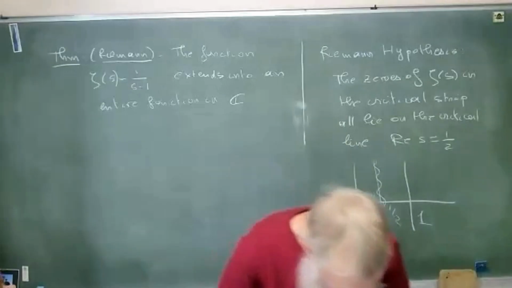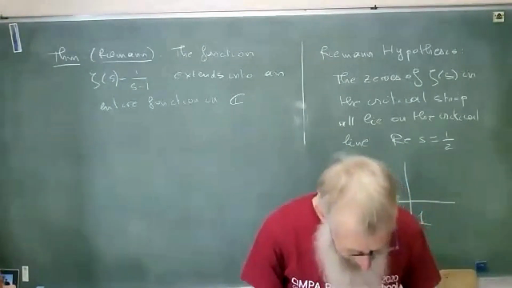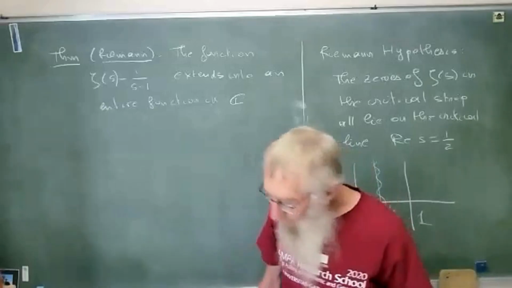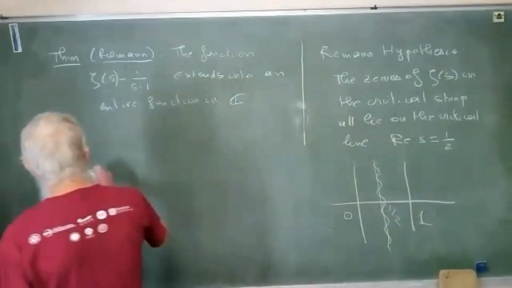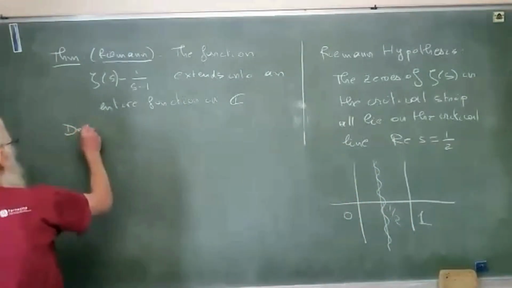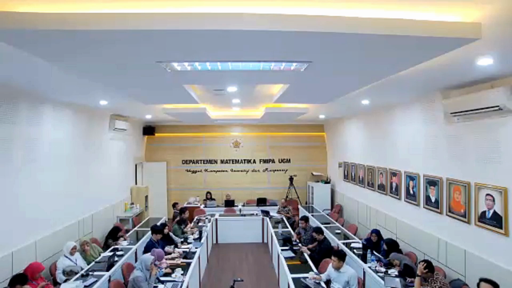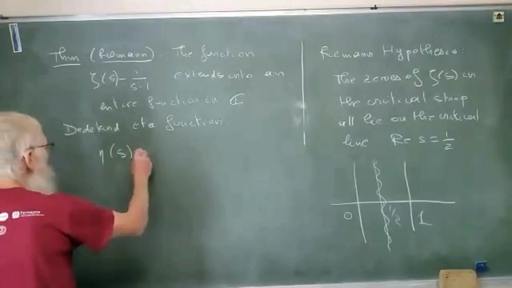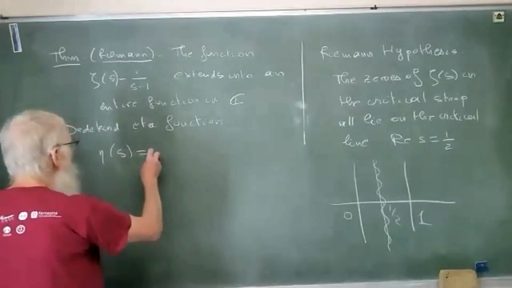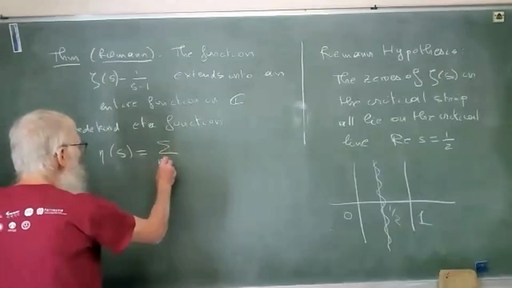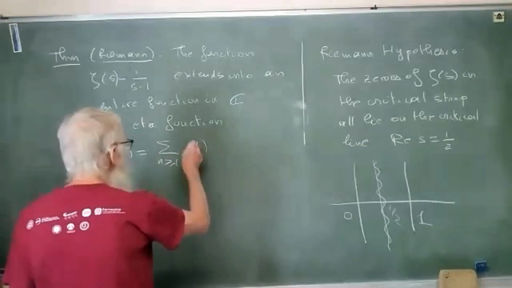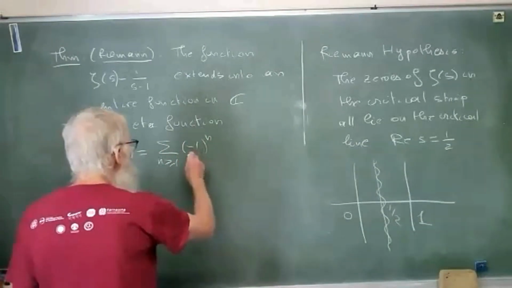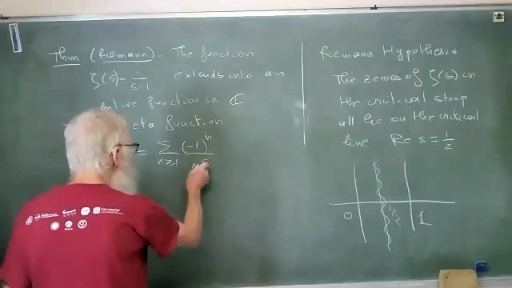And so I will explain it by introducing the Dedekind eta function, which is a function eta of s, the alternating sum, the sum for n greater than or equal to 1 of (-1)^n divided by n^s.